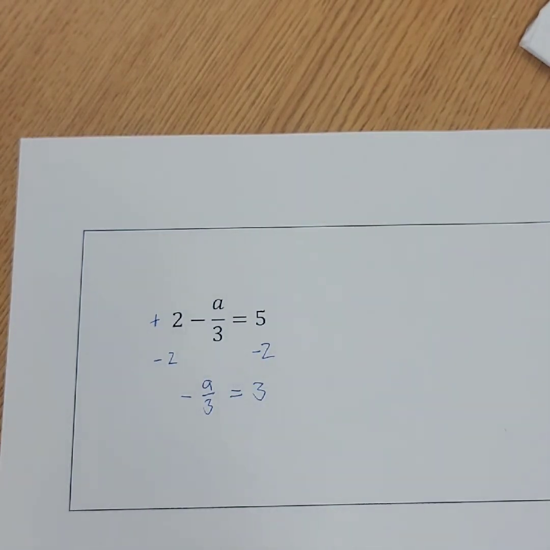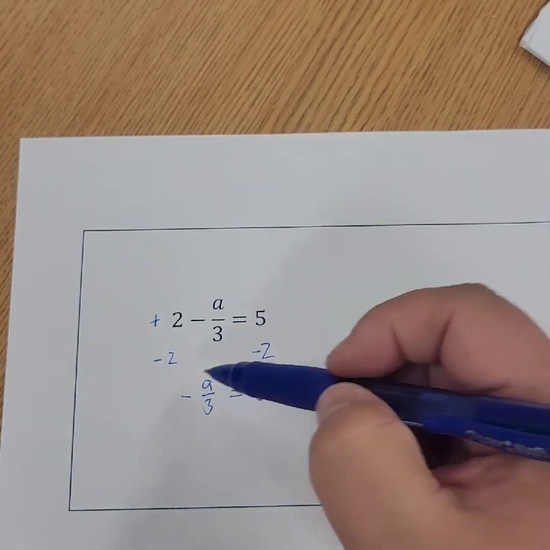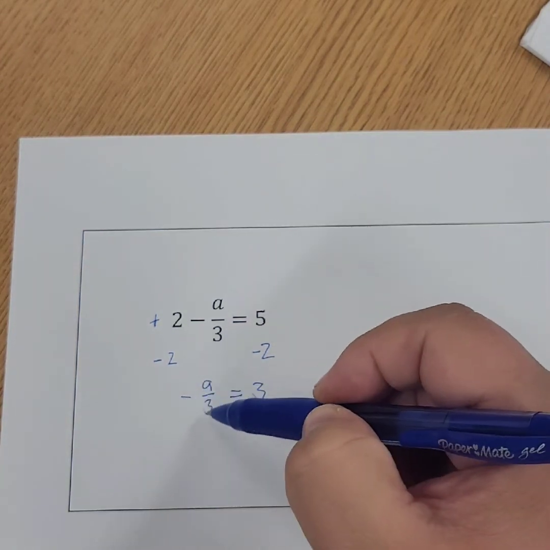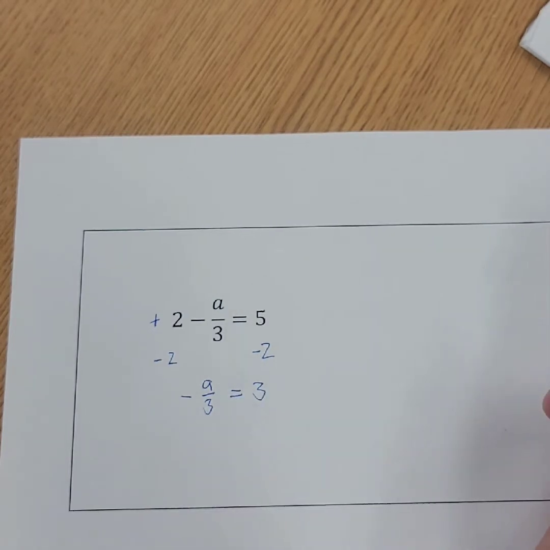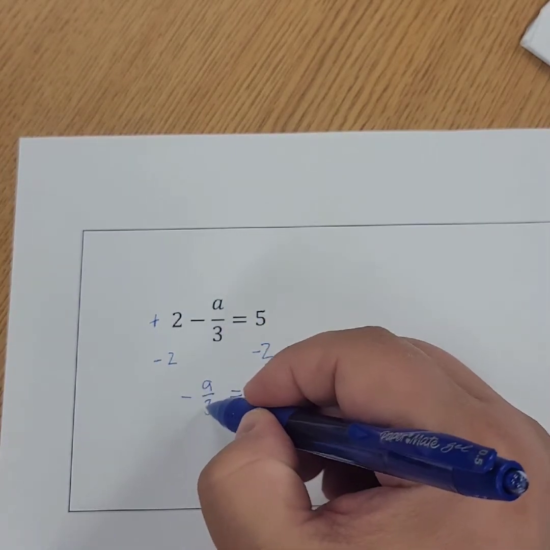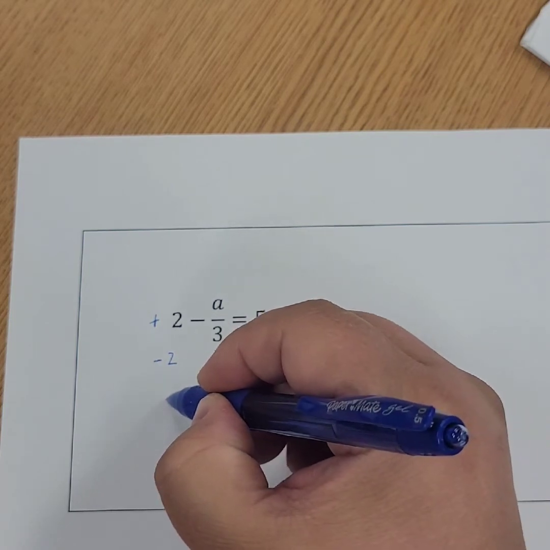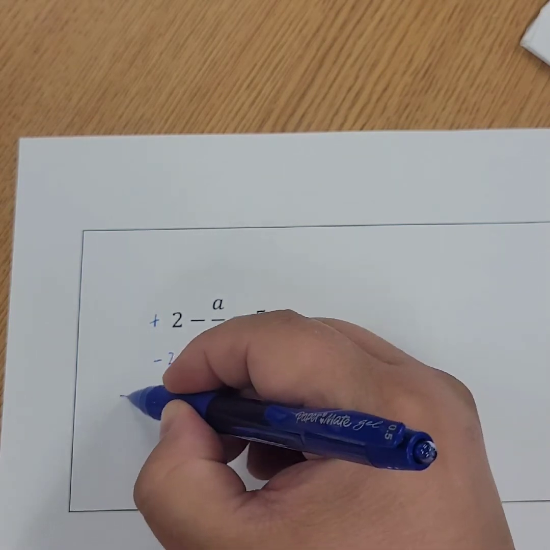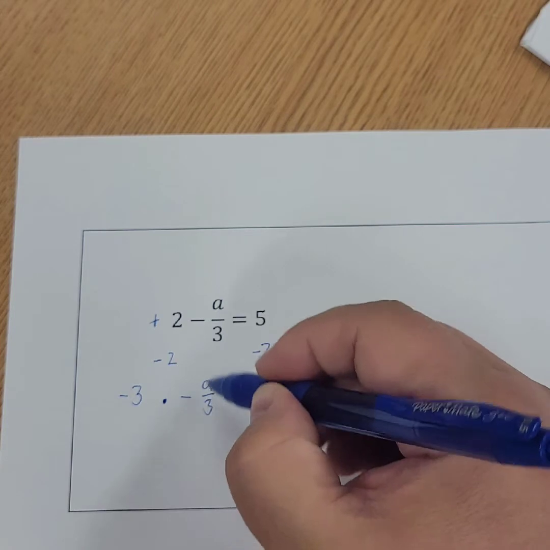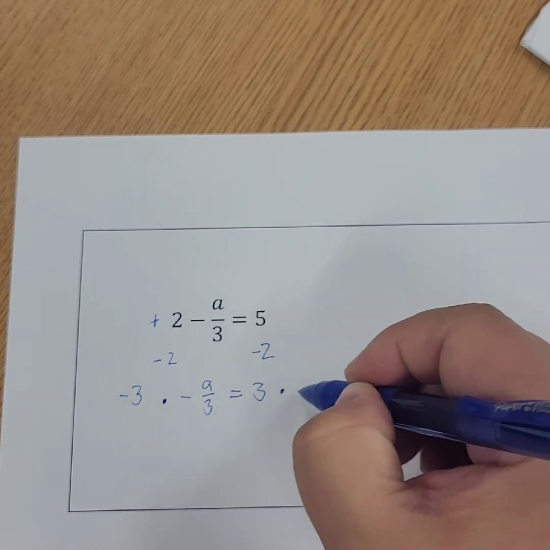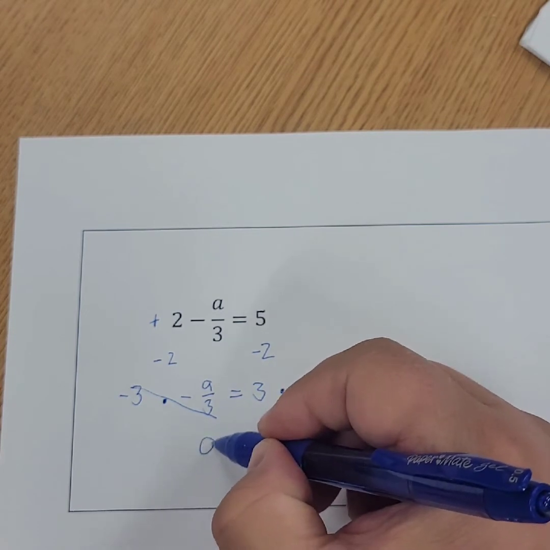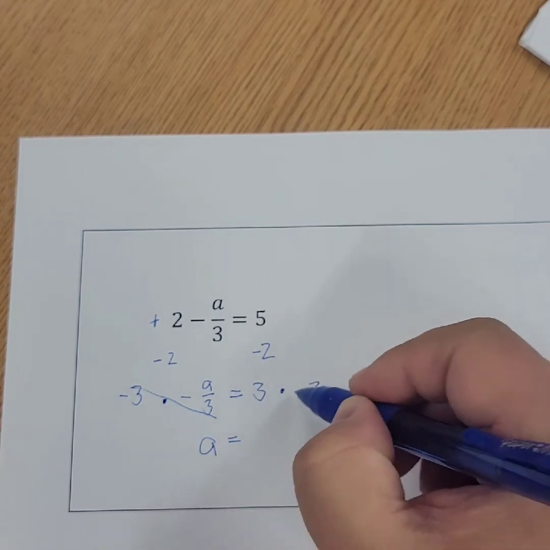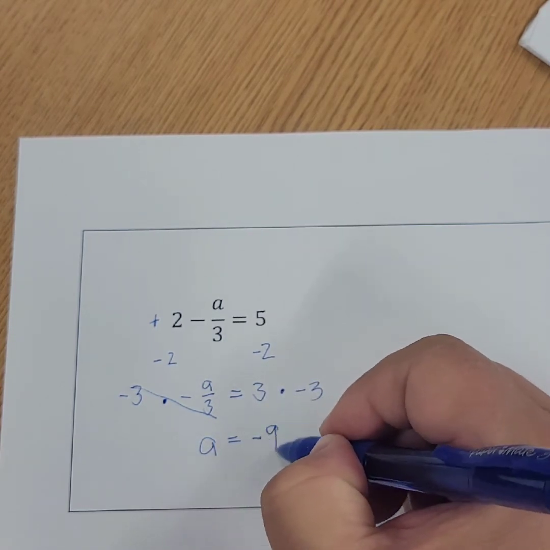Now, there are multiple ways you can do this, but I like to attach the negative to the one I'm getting rid of, so I don't have to do another step. So we're going to say this is a negative 3, so we're going to multiply by a negative 3 because it's being divided, times negative 3. So that cancels out. So a equals 3 times negative 3 is negative 9.